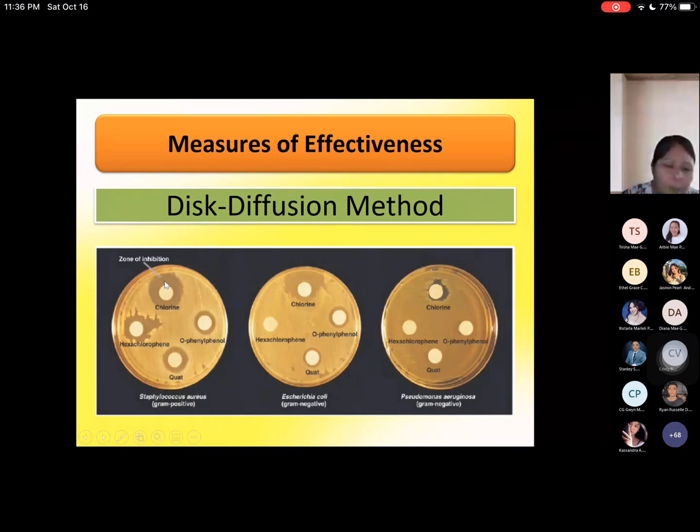When you say zone of inhibition, this is the clear zone, or you can see a halo here, where you can measure the effectiveness of a certain disinfectant, because what surrounds it is the growth of microorganisms like Staphylococcus aureus, Escherichia coli as a gram-negative, and Pseudomonas aeruginosa as the gram-negative in the third plate. Okay, you can test the effectiveness and analyze it if there are zones of inhibition.